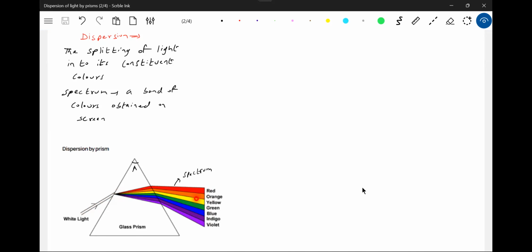So why does dispersion occur, and why will the violet have more deviation than the red? There are some theories we have to discuss here. Cauchy's relation will help us.